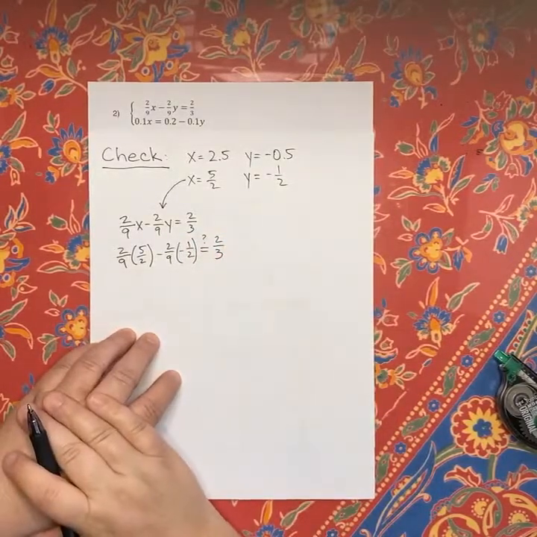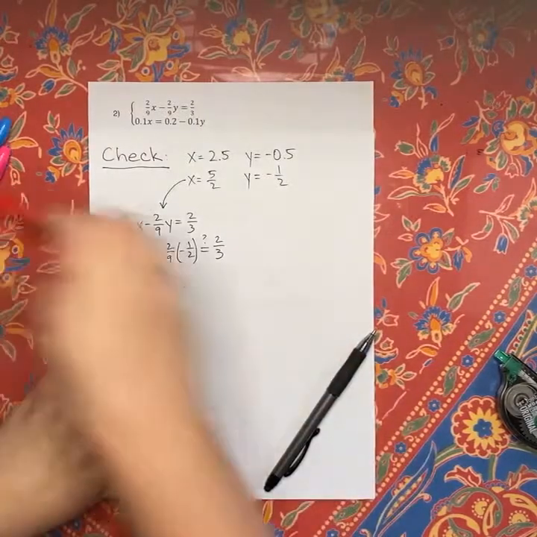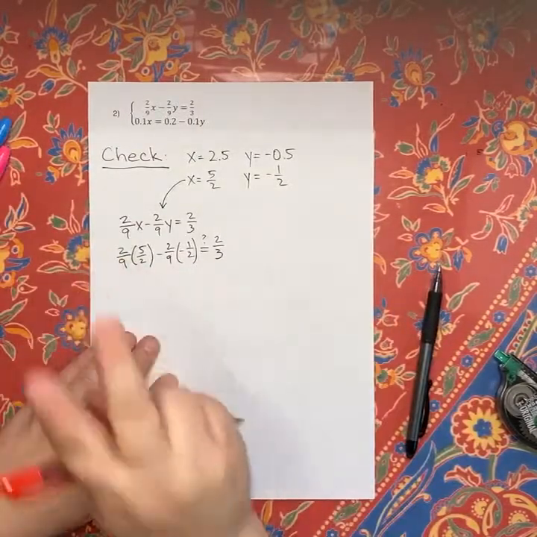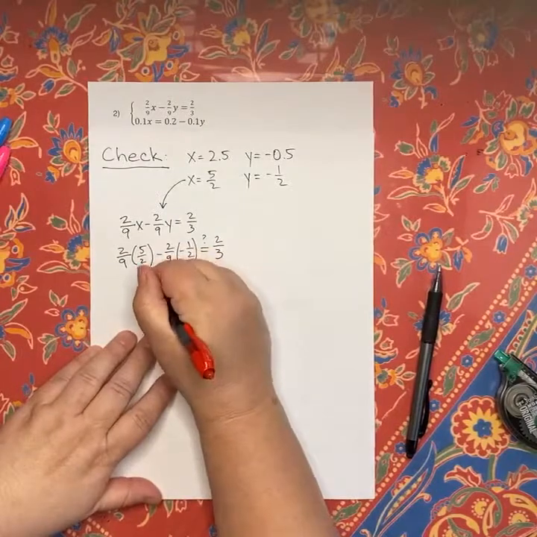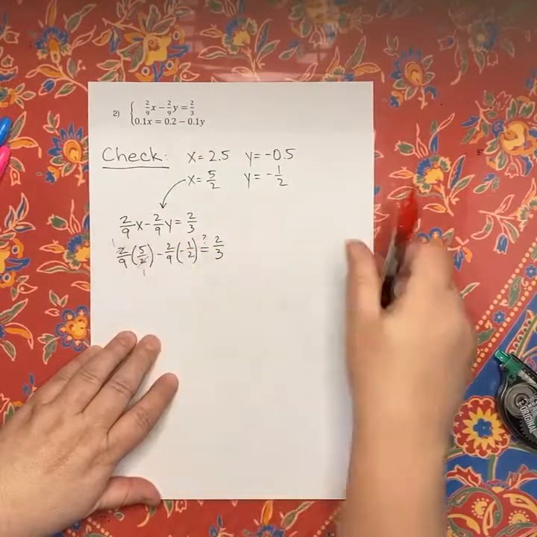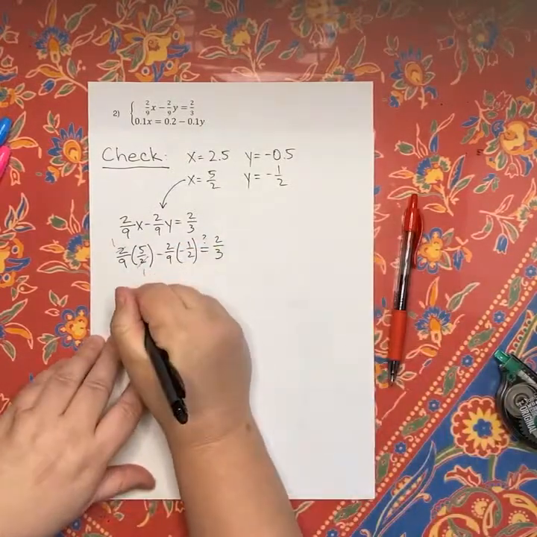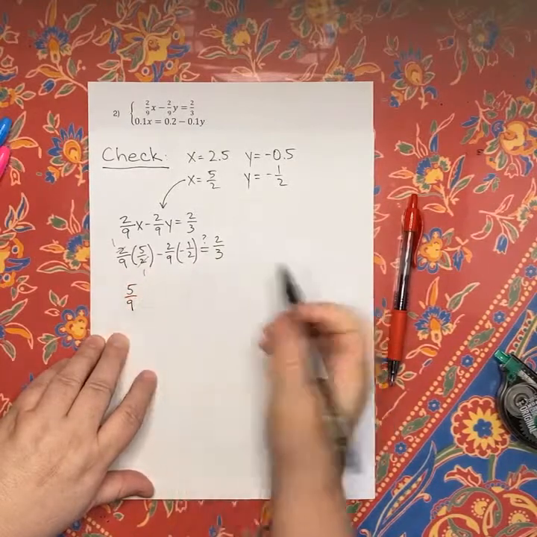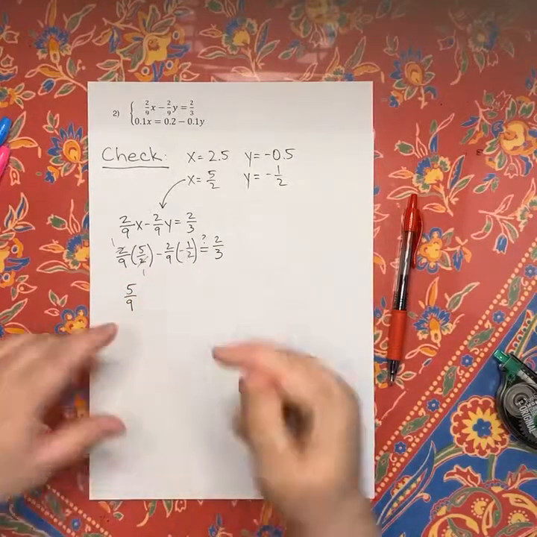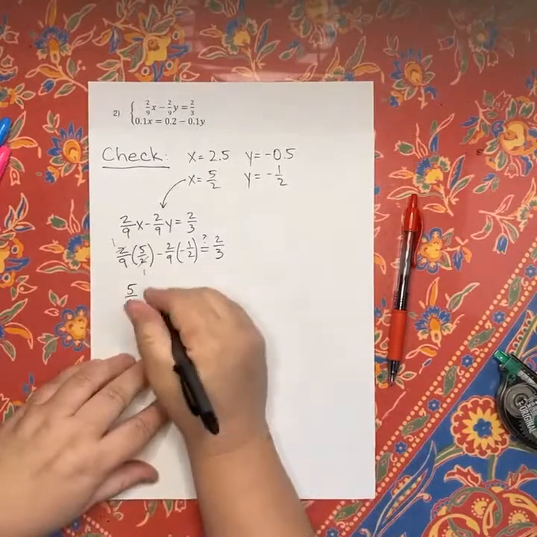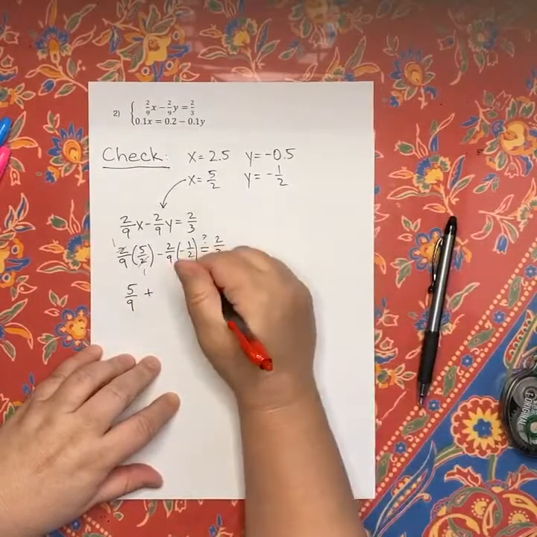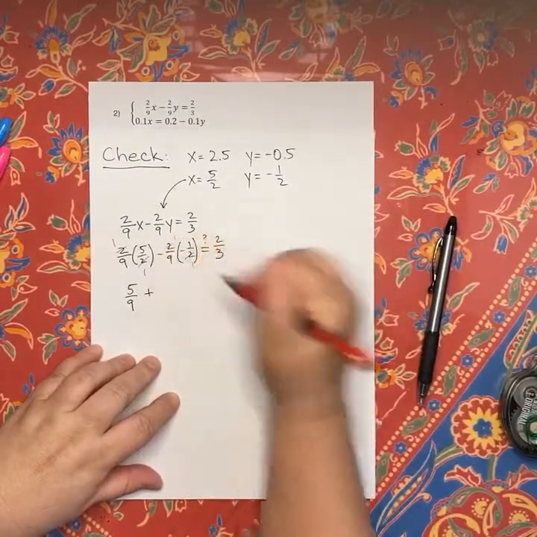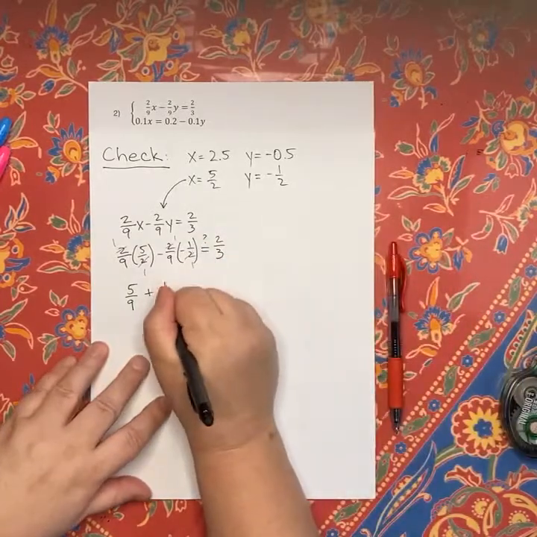So let's see. You're not allowed to clear fractions, but you are allowed to cancel. So I'm going to cancel this 2 with that 2, and then I get 5/9. I've got a minus, so this is plus, and then this 2 cancels with that 2, and then 1/9.